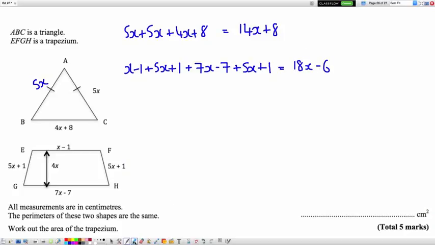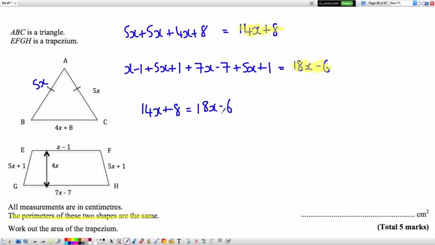And these two are equal. It says that the perimeters of the two shapes are the same. So this perimeter is equal to this perimeter. So let's write that. 14x plus 8 equals 18x subtract 6.